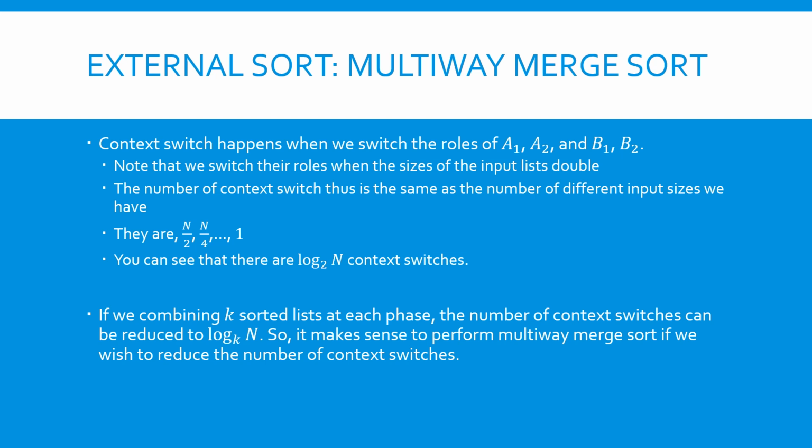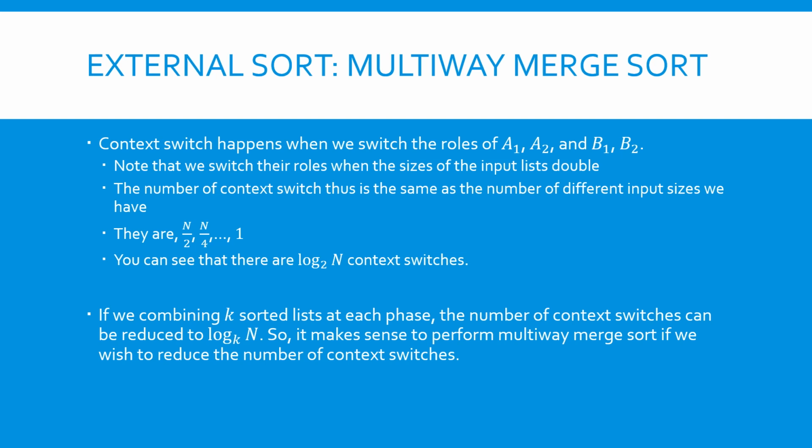When combining the sorted data blocks and writing the outputs, we strictly implement a sequential data access pattern. Context switches happen when we alter the rows of the 2 pairs of arrays. That is, we need to jump from the ends of the arrays back to the starts of the arrays. Note that when we switch the rows of the arrays, the input data block size doubles.